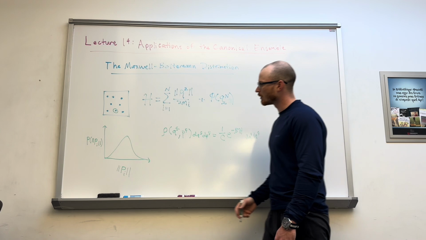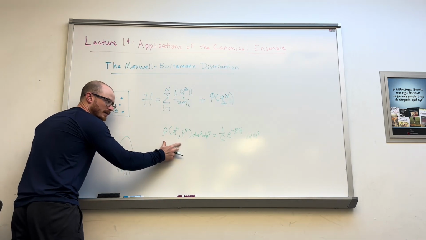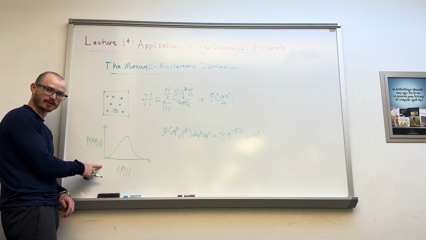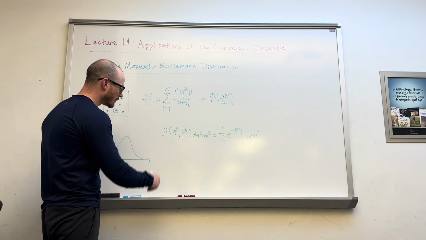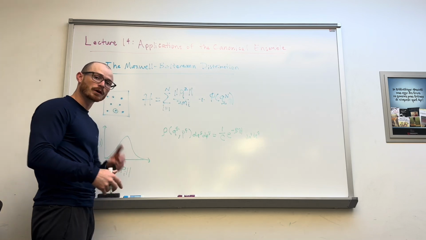So how could we go from this probability distribution on many particles to a probability distribution on a single particle? Well, the answer is to do integration, right? We can actually integrate out all of the other terms and leave only one.